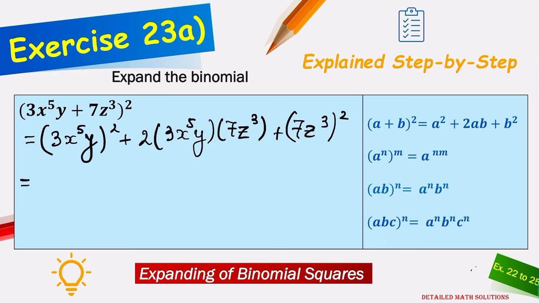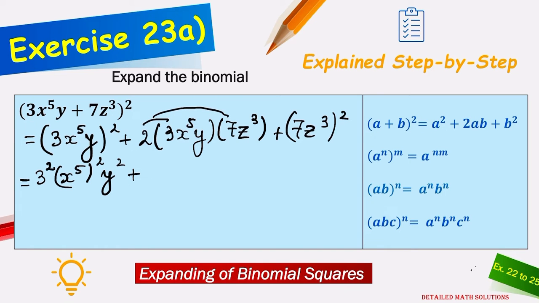If we distribute the exponent 2 to each factor of this product, this equals 3 squared x to the fifth squared y squared, plus the middle term, we have numerical parts 2, 3, and 7. We need to multiply those first and write them down.